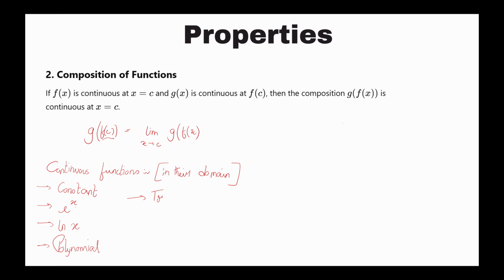Any trigonometric function, whether inverse trigonometric or simply trigonometric, whether it is sin x or sin inverse x, is going to be continuous in its domain. So you must remember these few continuous functions so that solving questions becomes fairly easy.